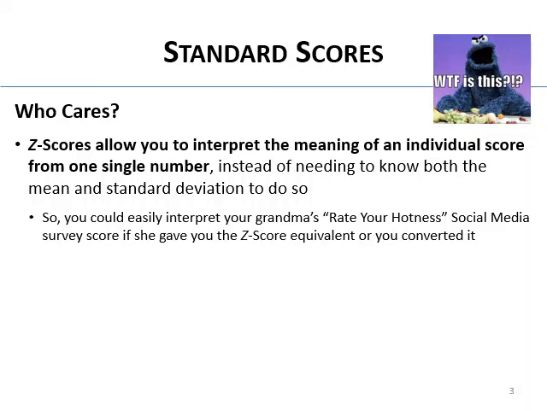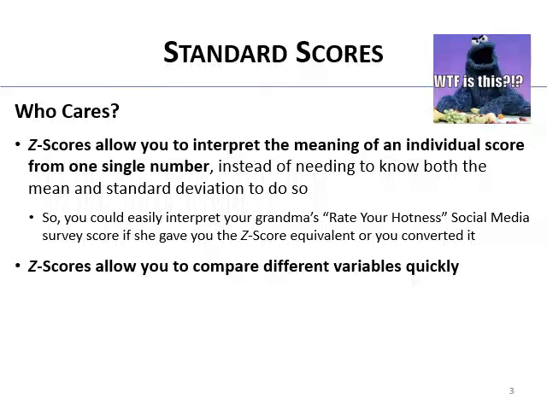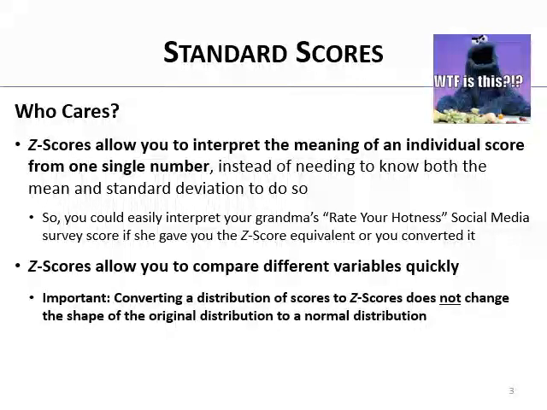For example, you could really easily interpret your grandma's hotness rating score from lecture 2, that survey. If she had given you the z-score, you wouldn't have to wonder about the shape, and what was the central tendency, and what was the variability. So they allow you to compare scores on different variables very quickly.